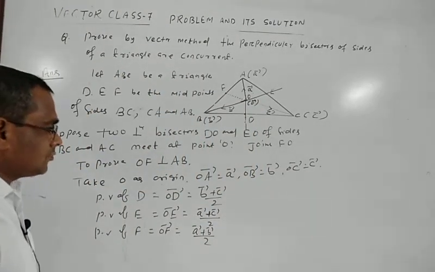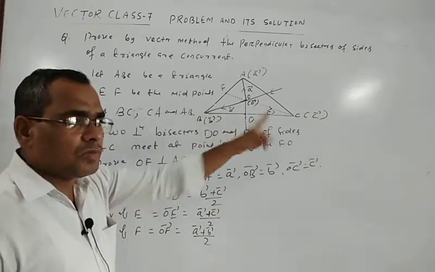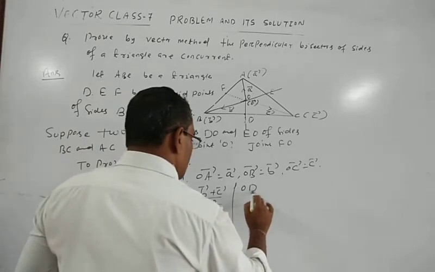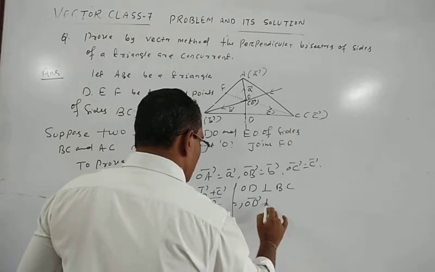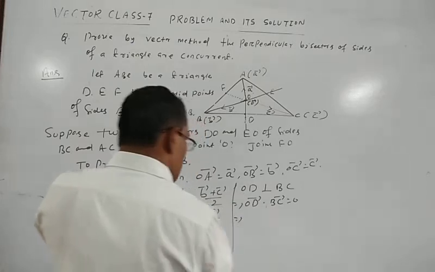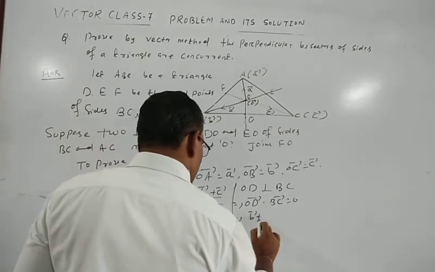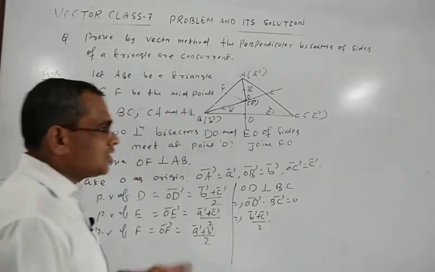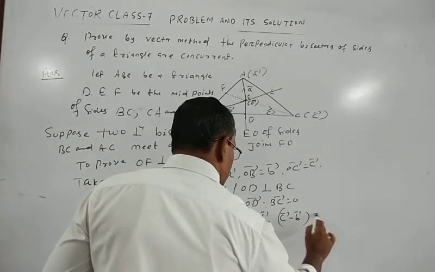Next, what do we take? OD. That means OD is perpendicular to BC. OD perpendicular to BC means the OD vector dot the BC vector is equal to 0. So what is the OD vector? The OD vector is (B vector plus C vector) by 2, and the BC vector is the position vector of C minus the position vector of B, so C vector minus B vector, and this is equal to 0.